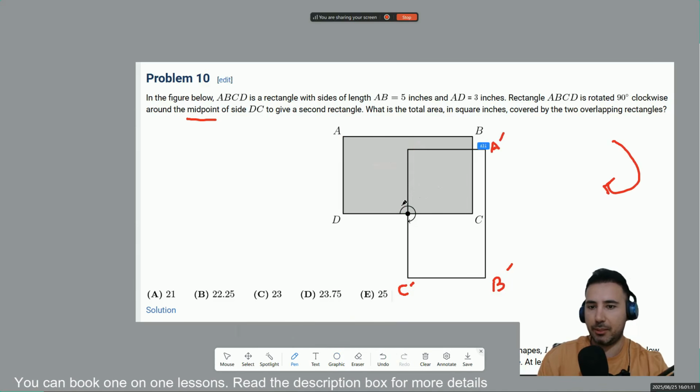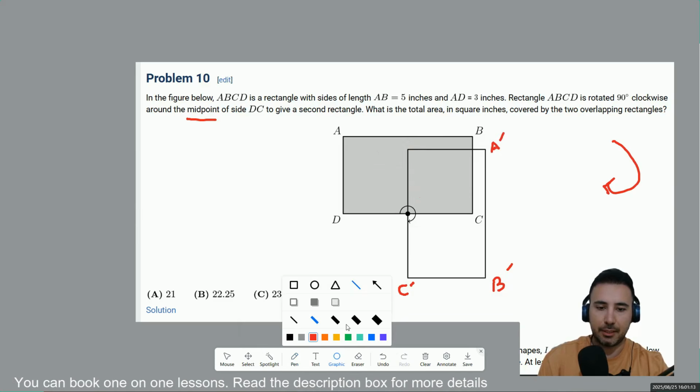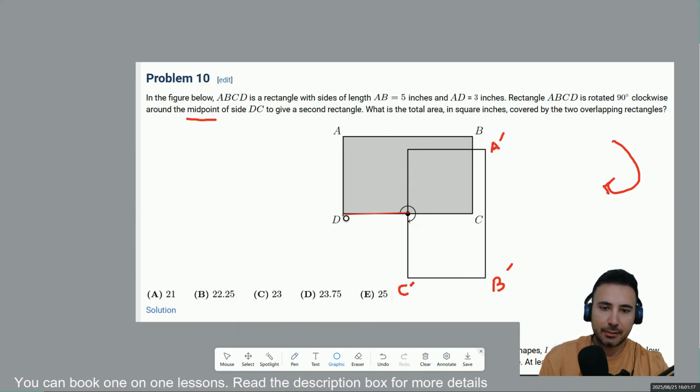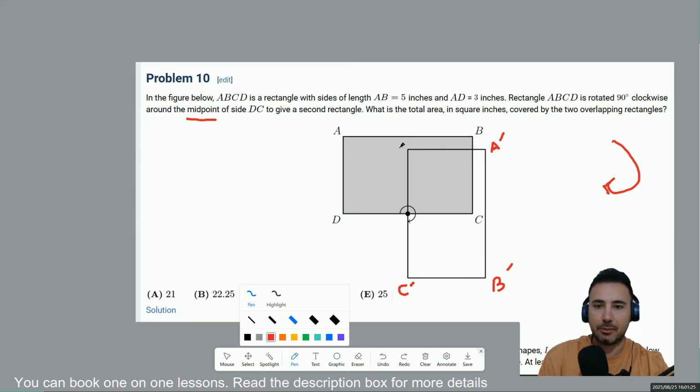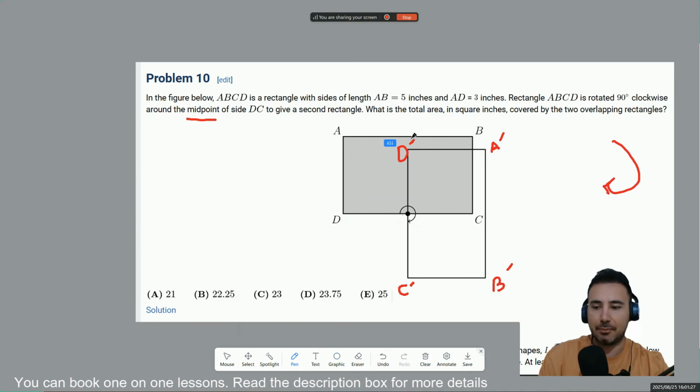We clearly see that this is D prime, but we're just doing it for practice. So this is D, and again 90 degrees. That's again D prime. So you could clearly see why this is the same rectangle. Nothing has changed. So let's go find something.